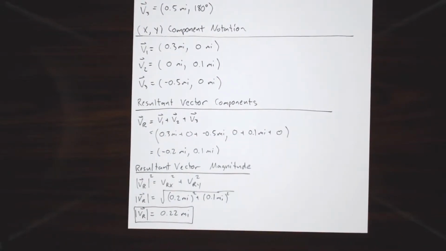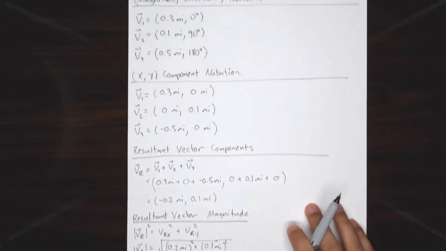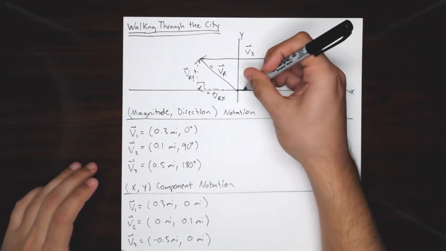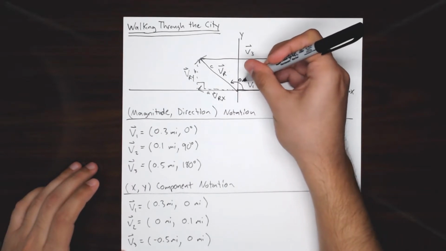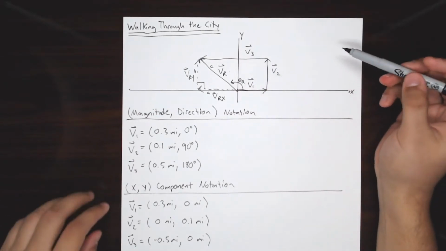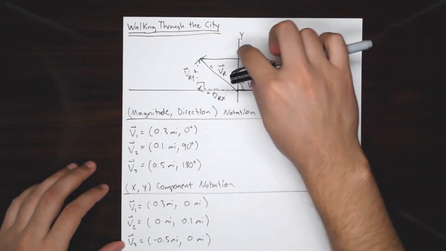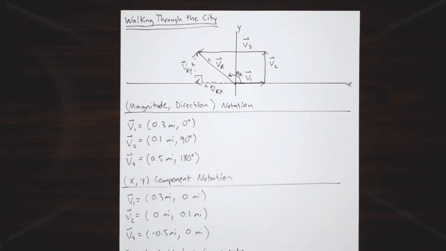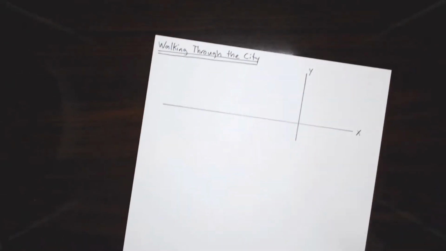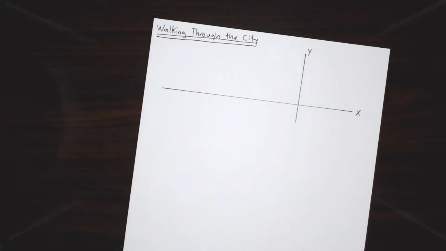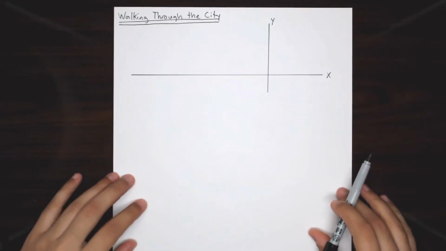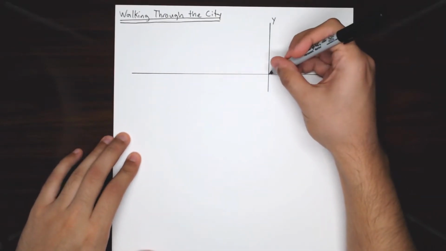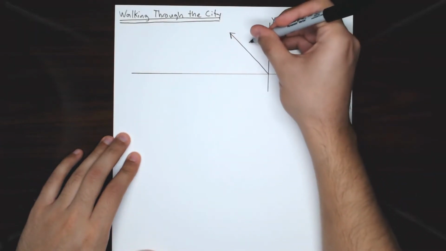Okay, 0.22 miles. So now we'd like to find the direction of that vector. Essentially, we want to find this angle right here, theta r, to report with our magnitude, because remember, all vectors have a magnitude and they have a direction. So to do that, I'm going to switch to another page because we're out of room. And let's draw another diagram, just this time of that VR vector, that resultant vector.